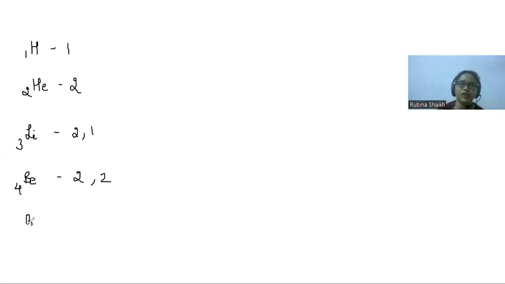So boron is atomic number 5 and the electronic arrangement is 2, 3. Then we have carbon, atomic number 6, so 2, 4, because it is a neutral atom, so it has 6 electrons. The first shell holds 2 electrons, the second shell holds 4. Then nitrogen 7, 2, 5.